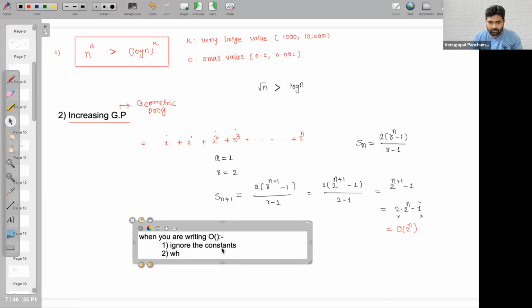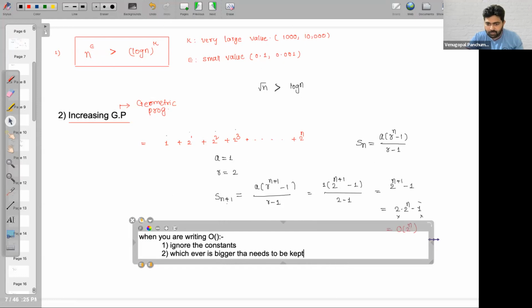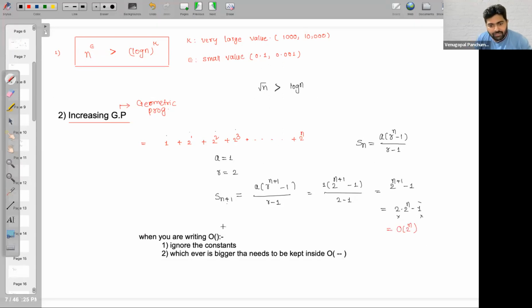Second, whichever is bigger needs to be kept inside big O. Just please remember these 2 points, because once I explain the proper definition of the big O, these things will be clear. Right now, you just believe that.